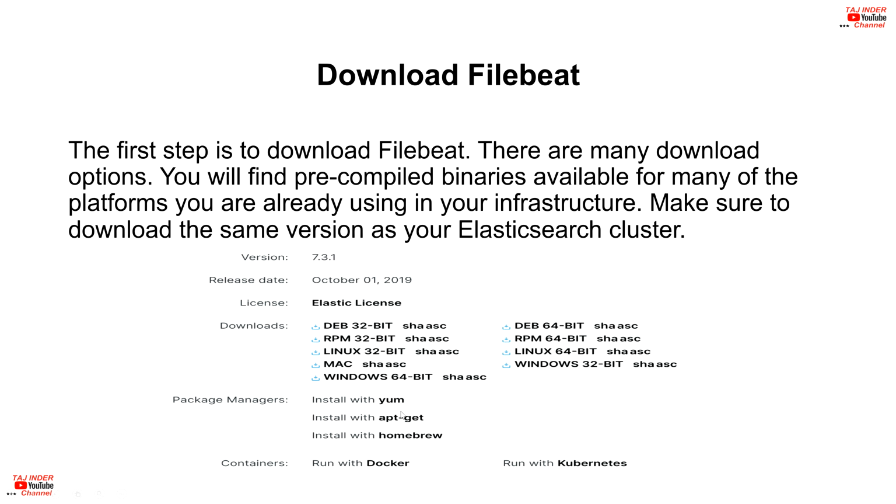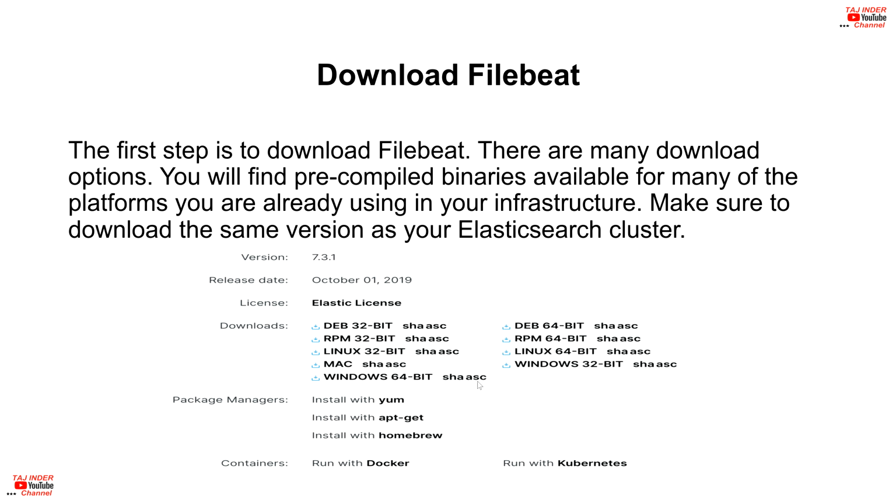As you can see here, there are different versions for Debian, RPM, Linux, Mac, Windows. I've been using the Windows 64-bit version of Filebeat, which is really helpful and it did work.